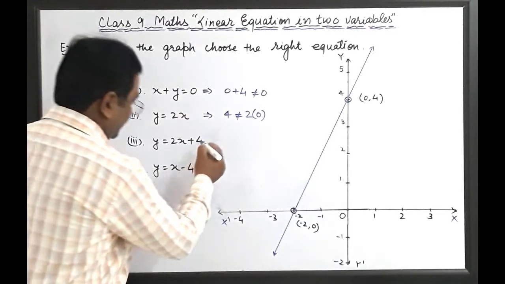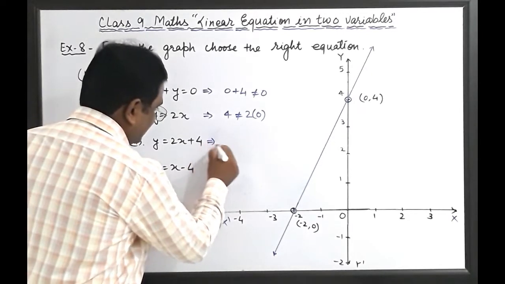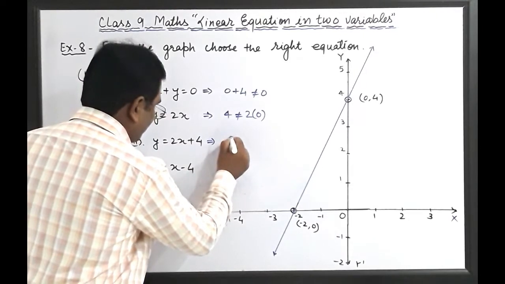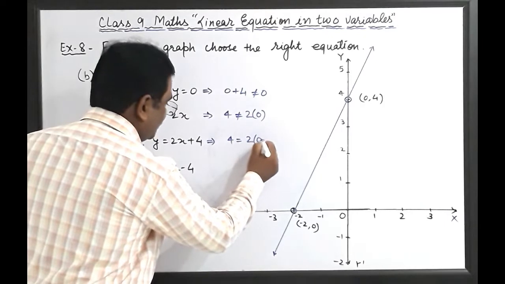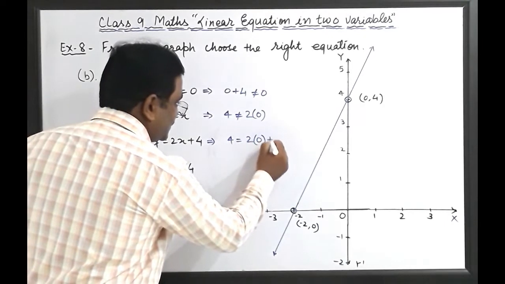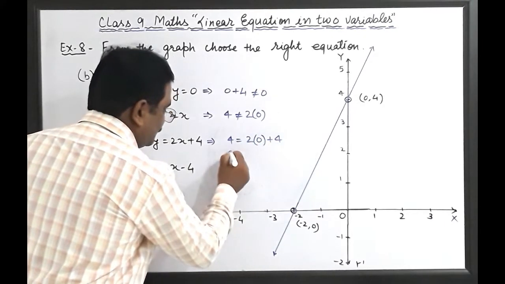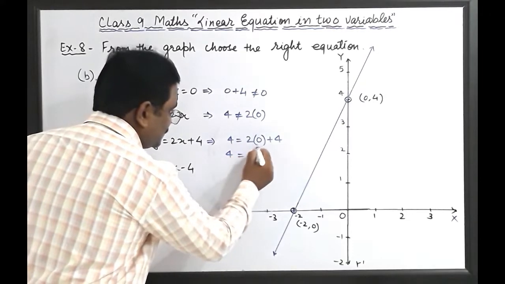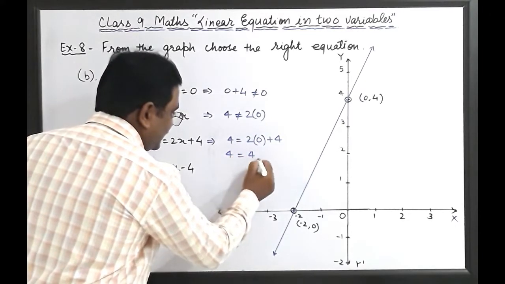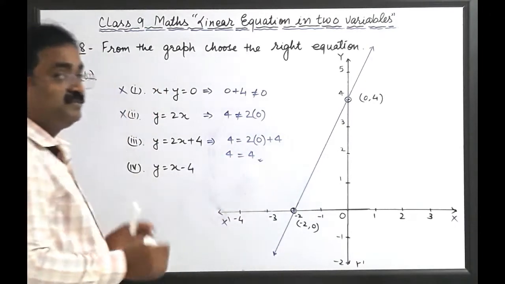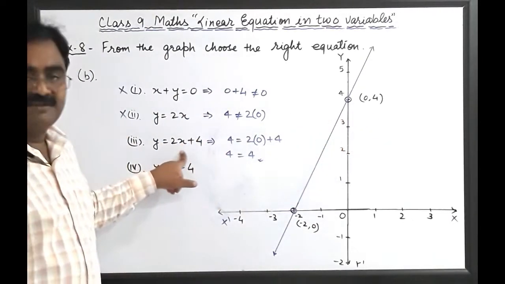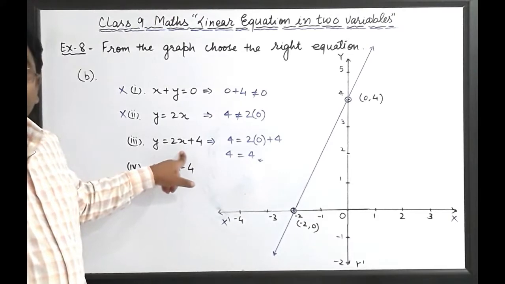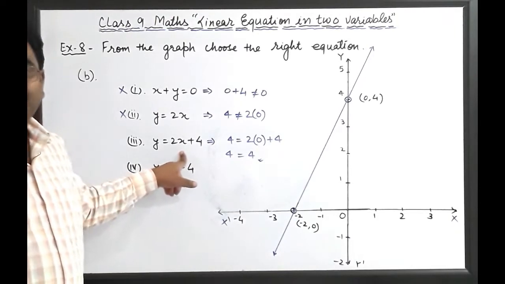The value of y is 4 equals to 2 of x, x is 0, plus 4. So 4 is equals to 0 plus 4. It is equal. So it means this point is the solution of this equation. But this is not sufficient.